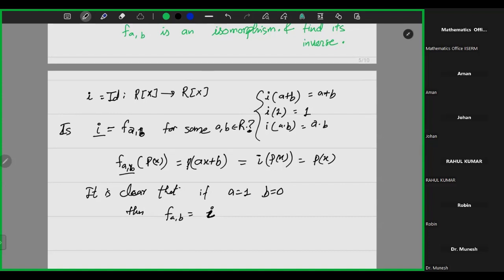Understood this part? If you understood, you can say yes.